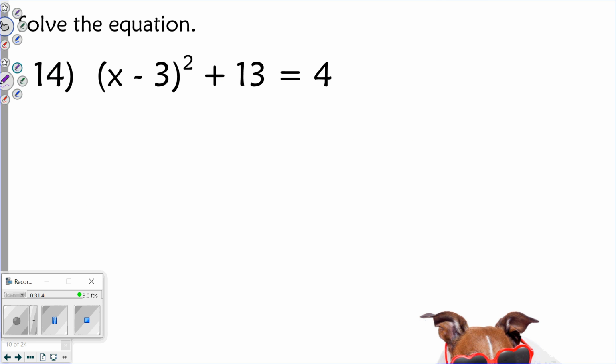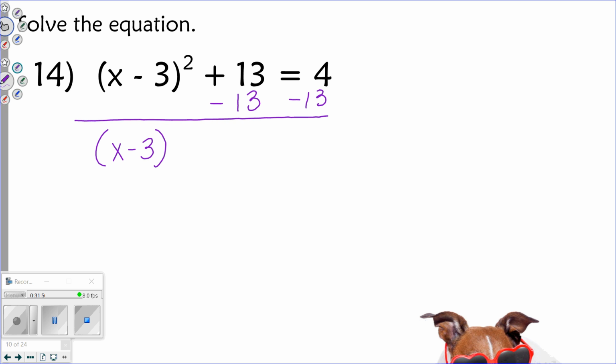All right, 14. Good. Subtract the 13. x minus 3 squared equals negative 9. All right, once your parentheses squared is by itself, yep, we'll take the square root of both sides. So x minus 3 equals just 3i?